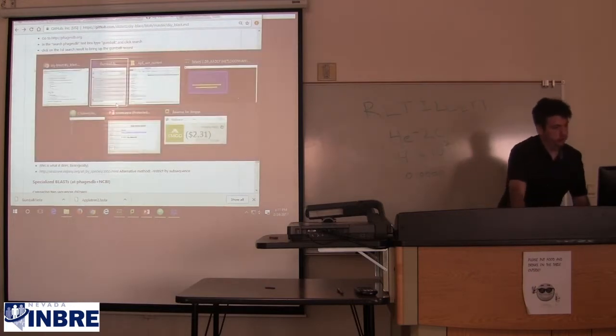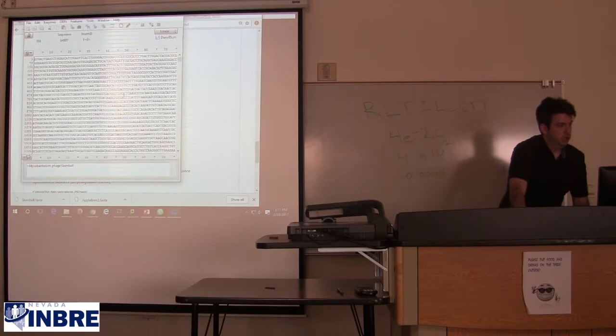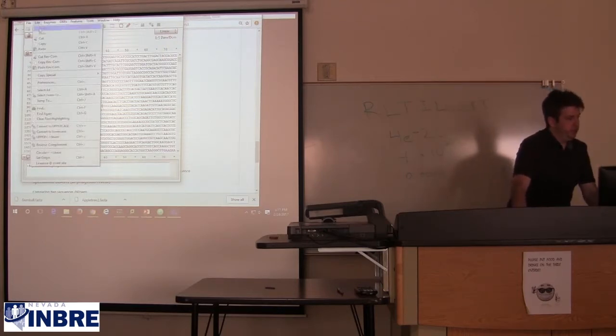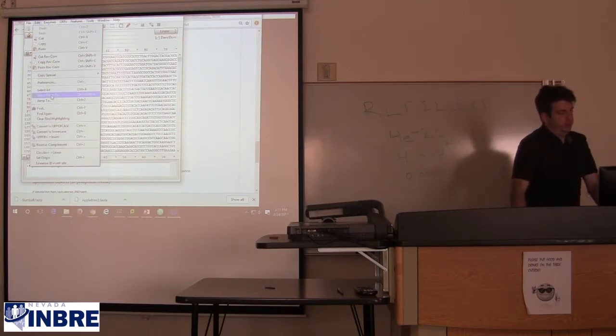To do this with APE, and this is the entire reason we downloaded APE, we can select by going to the Edit menu and choosing Select From To, or Control-Shift-A on Windows.